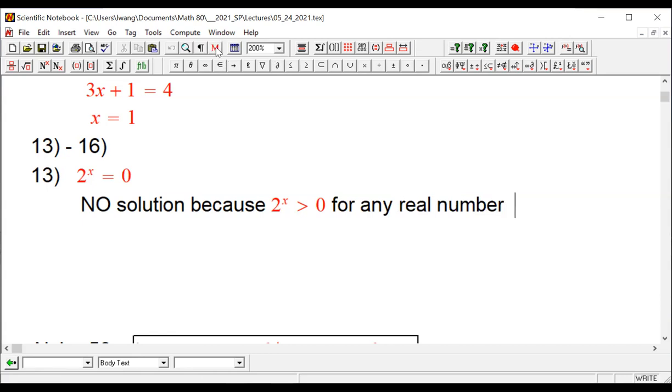No solution, not in a million years, not in a trillion years. So when we are solving these equations, we must be mindful of the domain and range each function has. That's why we did the curve. Now number 14.